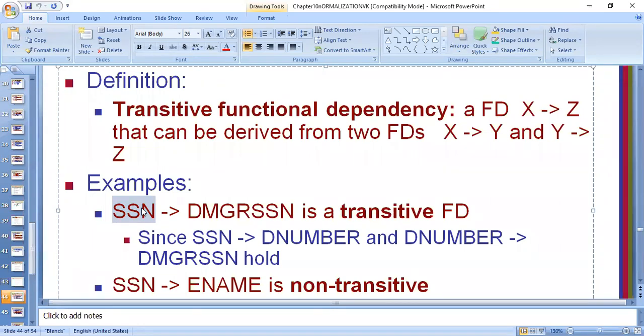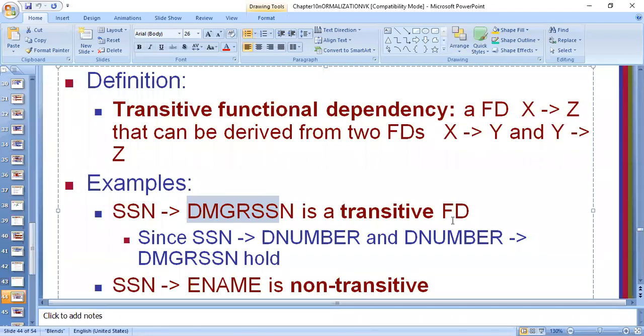Like I had given you the example that all of us faculties are governed or supervised by the HOD, that is Venugopal sir. Here also every employee has got a manager. So every employee is associated with MGR SSN, the department manager's SSN, isn't it? So every employee is associated with some manager's SSN number.